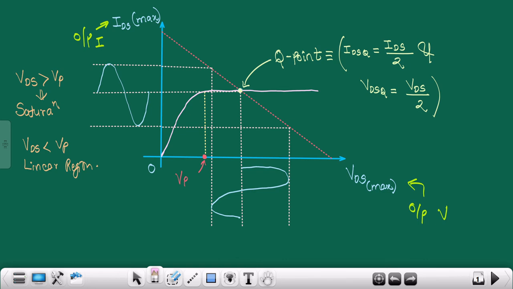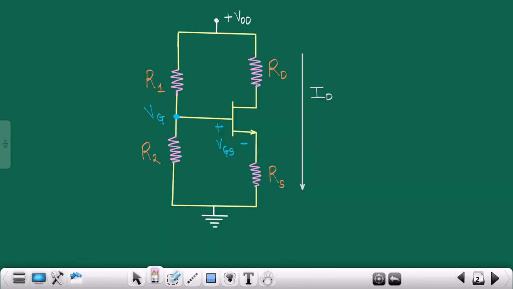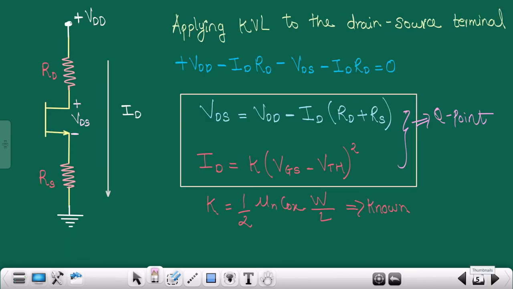And that's the reason why we prefer biasing any transistor, right? So I hope you understood this concept. I had also explained this in my post, but this needs to be explained in a more detailed way, and that's why I made a video on it. If you have any doubts, feel free to ask me.